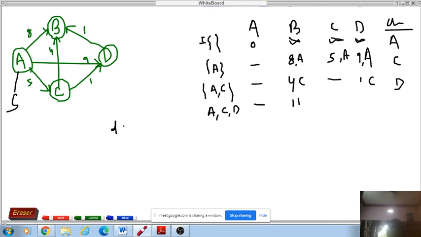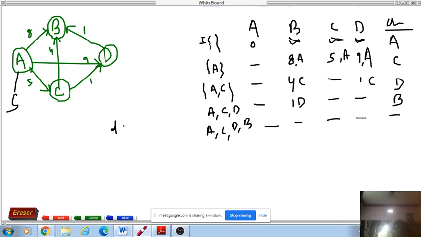Then C is visited, D is visited, so it will be B. The remaining is A, C, D, then B. So whenever choosing, A, C, D, this will be B. So A, C, D, B.